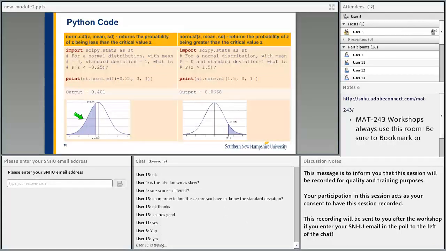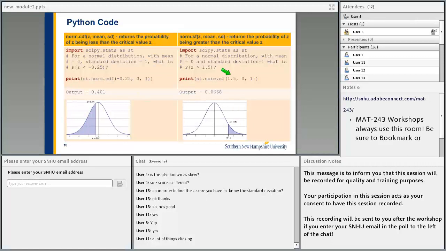Okay, great. Similarly, I can find the probability of getting a z value greater than a value that I have. In the next example, the value that I have taken is 1.5. In my graph, because it's a positive number, we have marked 1.5 on the right side of the mean.